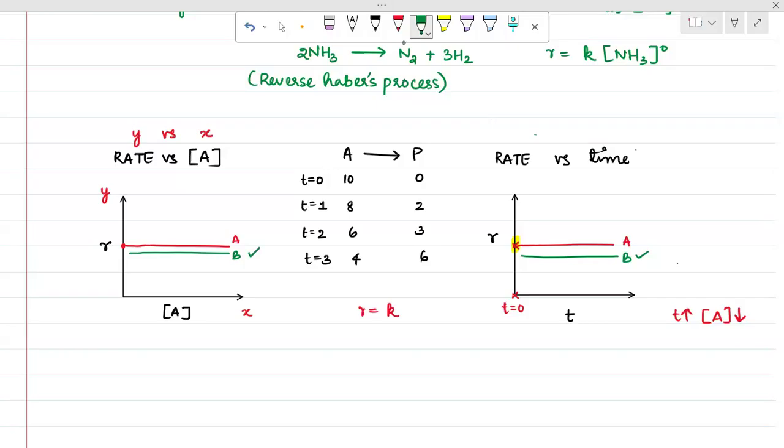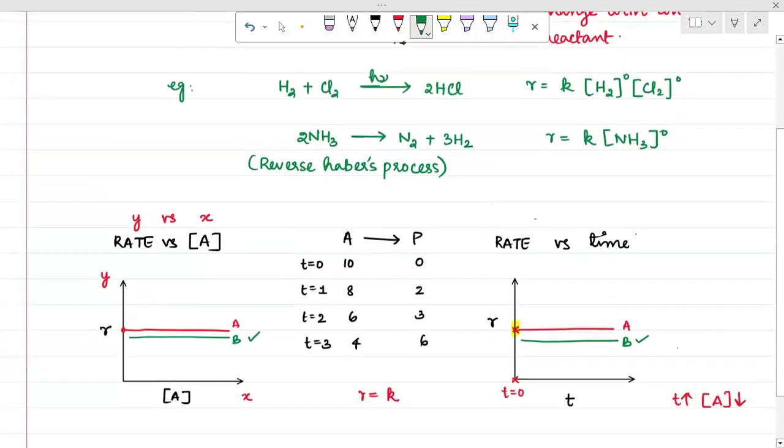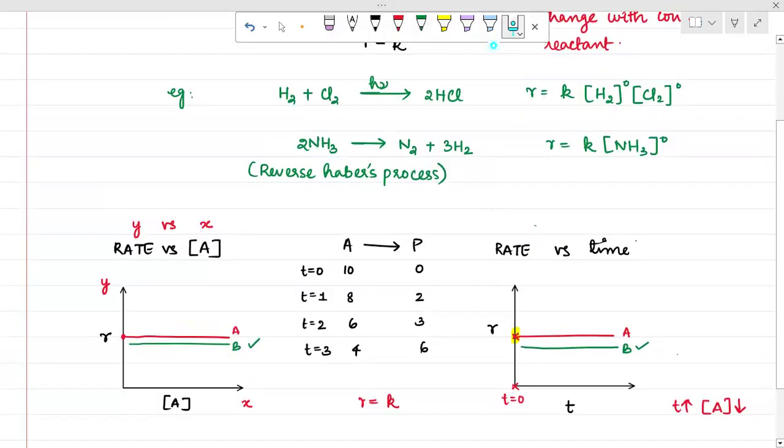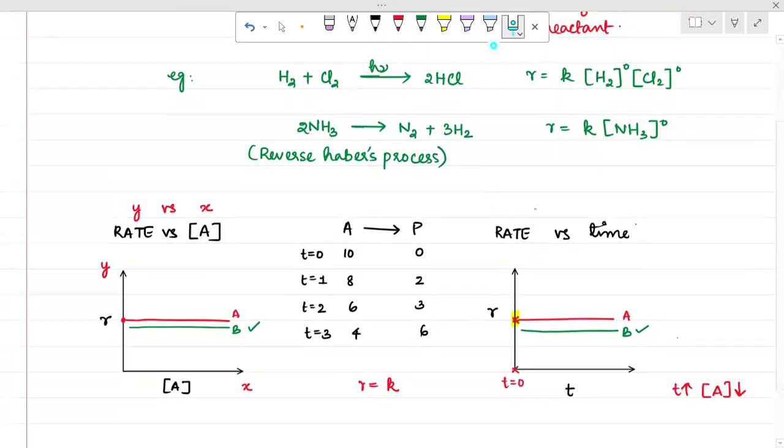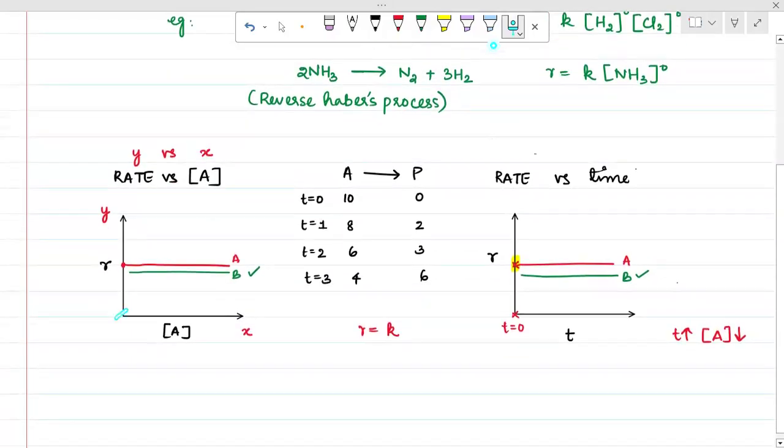Because when there is no reactant, let's say you have some vessel, you won't get HCl, correct? You should have H2 and Cl2. Then only the reaction will proceed, right? So at concentration A is equal to 0, your rate will also not be there. So instead of representing like A, it is more logical when you represent it like B.